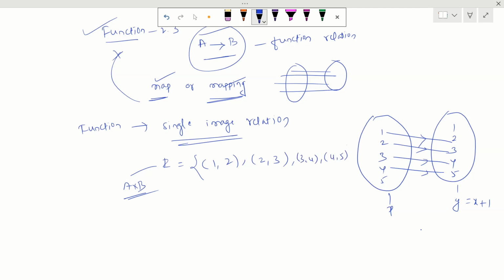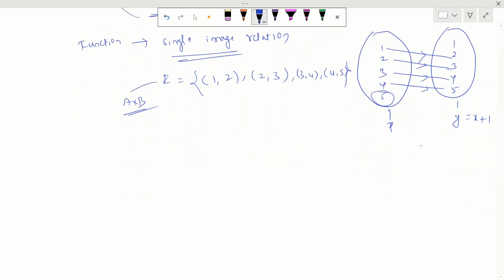5 does not have a relation because 6 is not here. Therefore 5 does not have a relation. Suppose this is set A and set B, so it is a function A to B. But it does not have a single image, because 5 has no match.